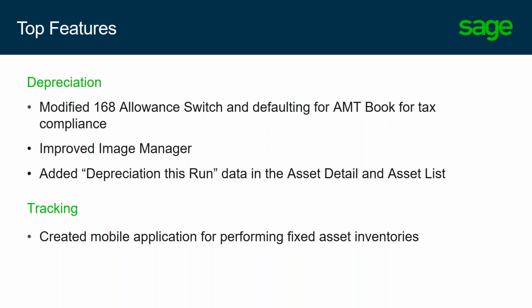The additional enhancement to the Depreciation Module has to do with the image manager and how you can manage multiple images being assigned out to or linked to multiple assets in the system. Additionally, there's a couple more fields in the book fields now, so you don't have to run the depreciation expense report to see the depreciation this run data. That's now going to be available.